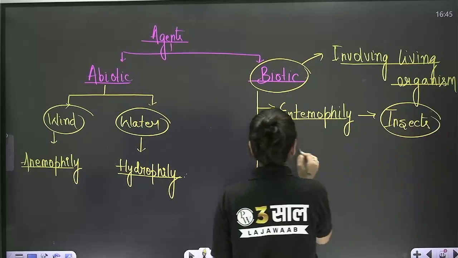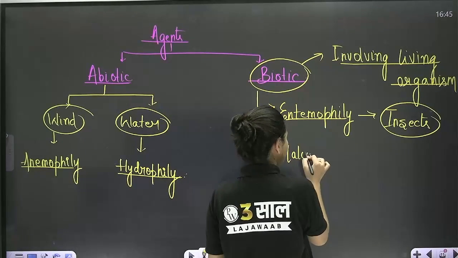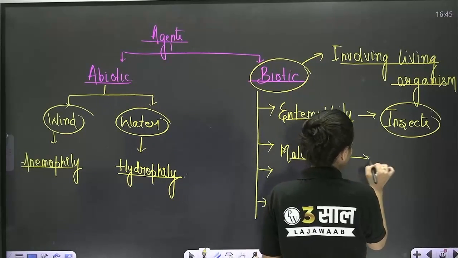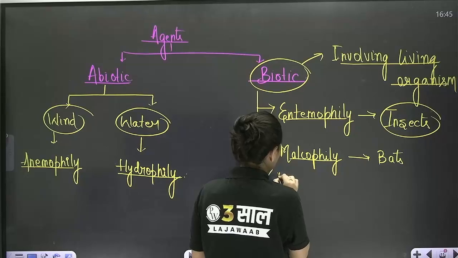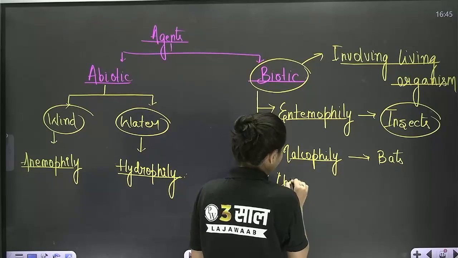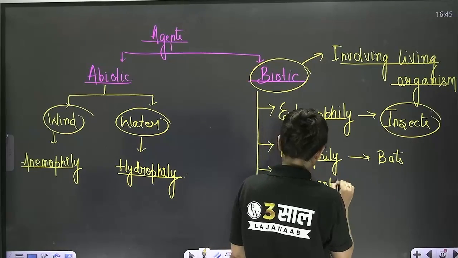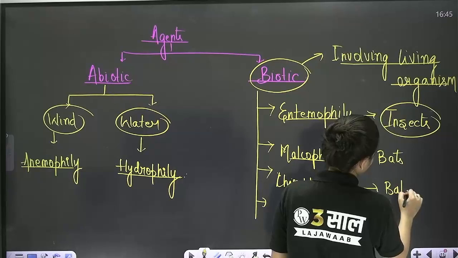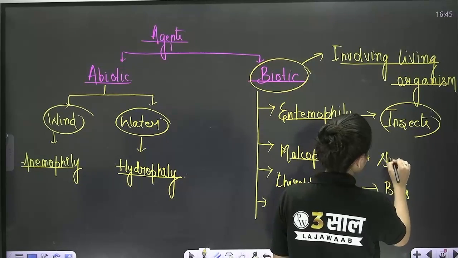Second is chiropterophily, pollination by bats. Malacophily means pollination by snails.